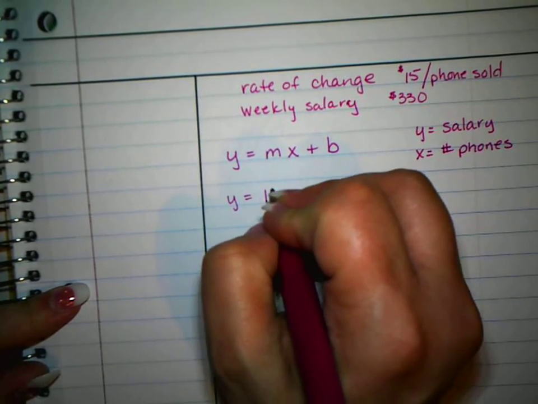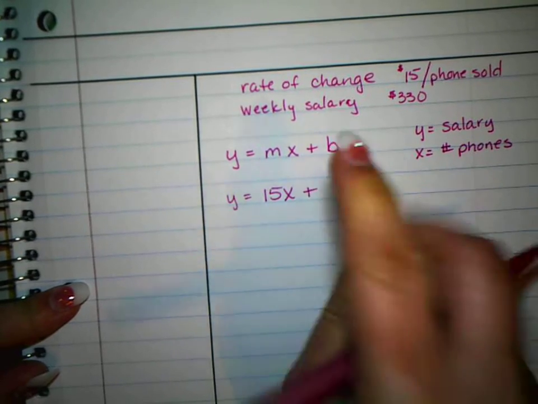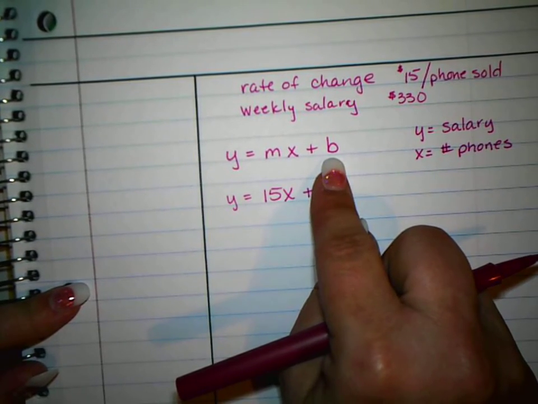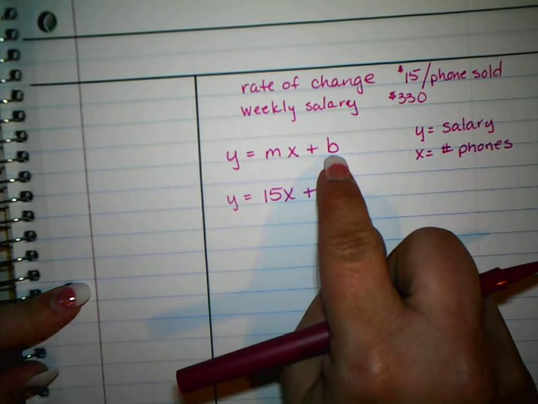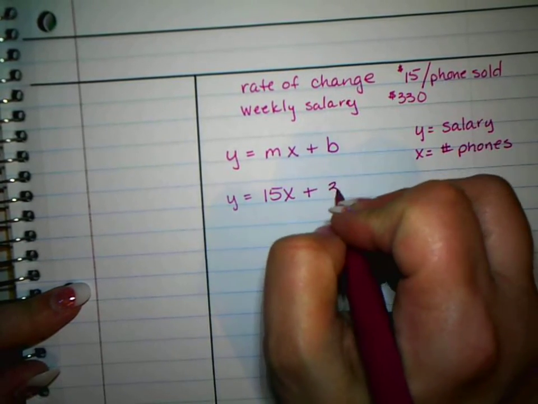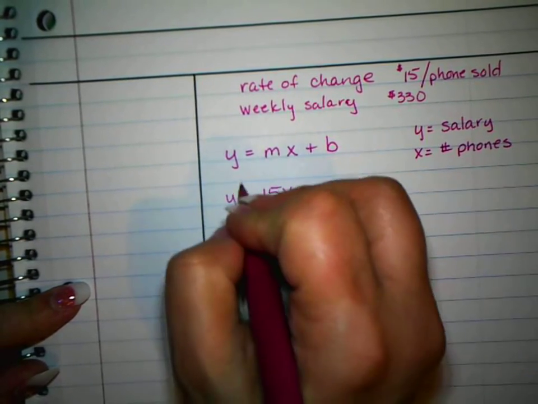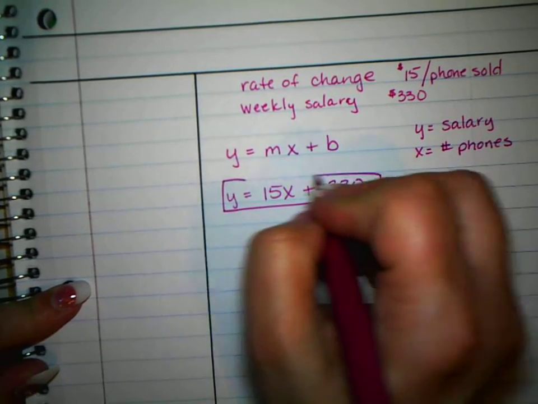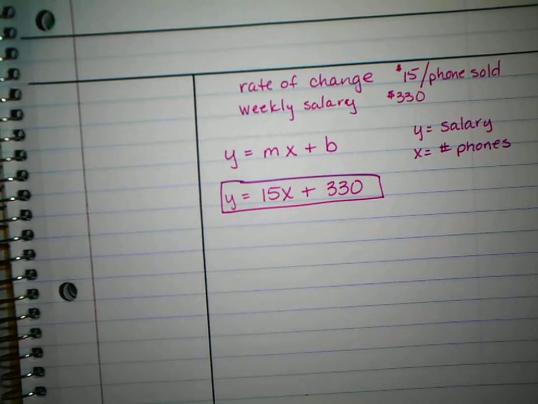So I would put 15x plus 330, if I was graphing this, that would be his weekly salary right there. And that would be our equation for that problem. That is how we would figure out what his weekly salary was.